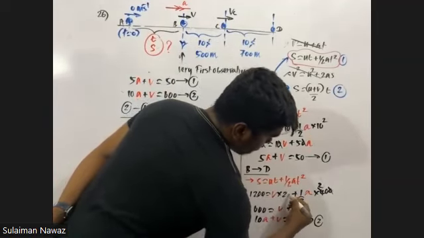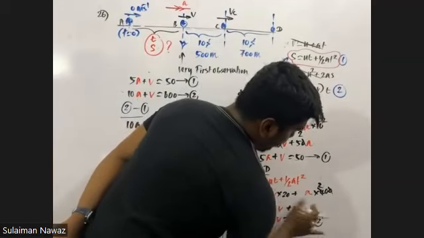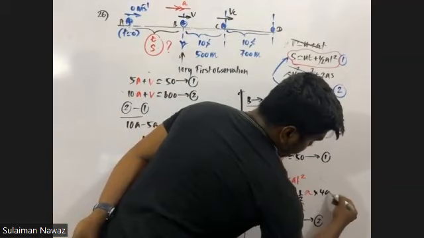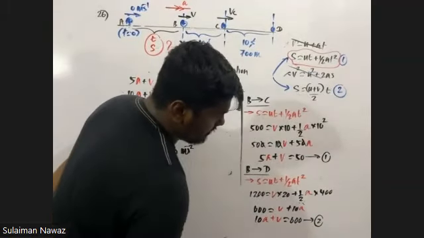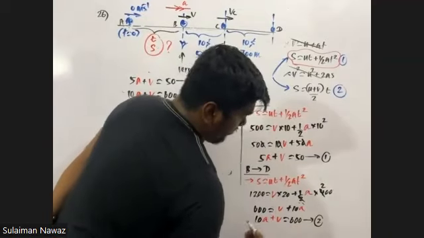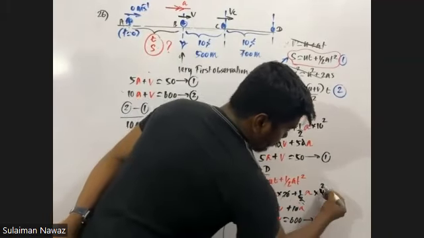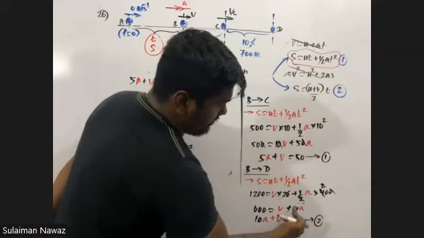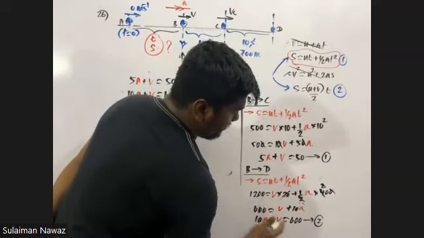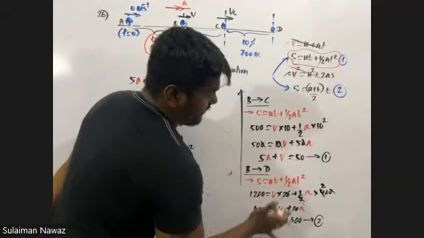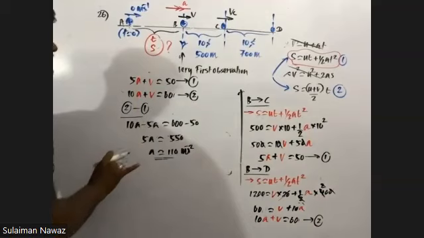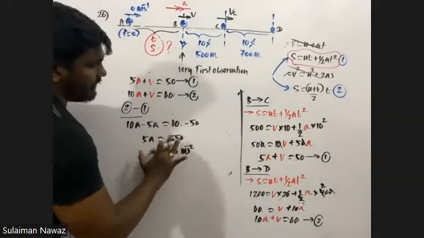If I divide everything by 20, it's 200, 10A plus V. 20 means I'm getting 60. My bad, 60. Then okay.